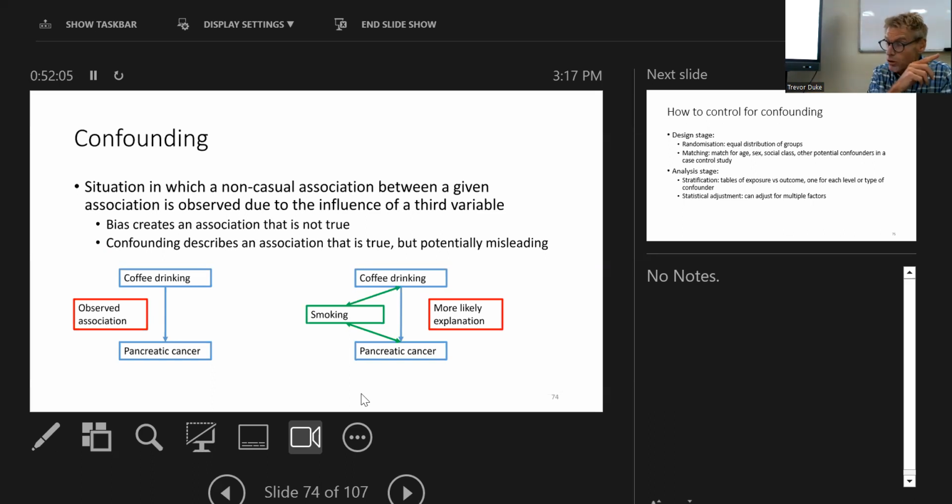And it was actually the smoking that was linked to the pancreatic cancer, not the coffee. So that became a more likely explanation, and the thought that coffee drinking might lead to pancreatic cancer was then eliminated. That's where a non-causal association between two factors can lead to confounding. So the smoking was confounding the observed association between coffee drinking and pancreatic cancer. That's what we mean by confounding, right?